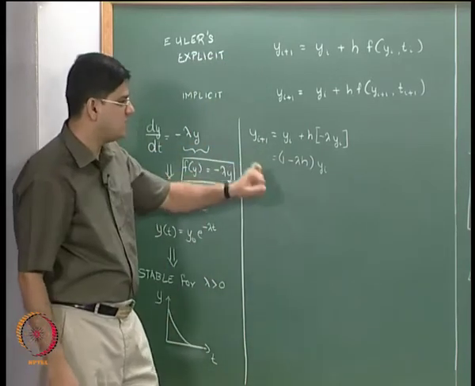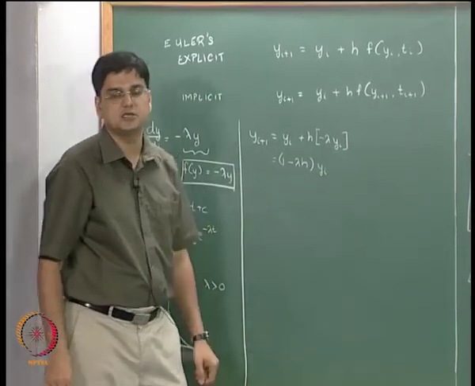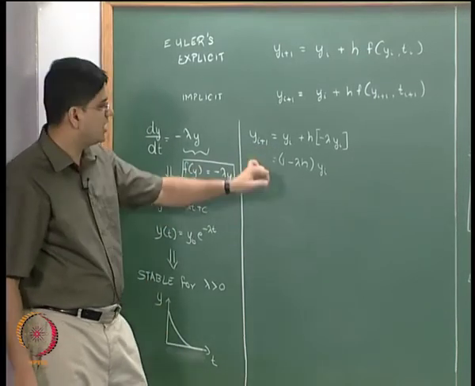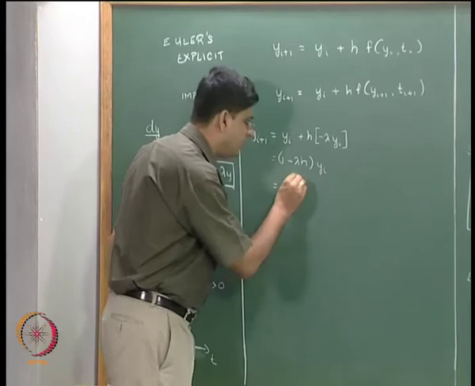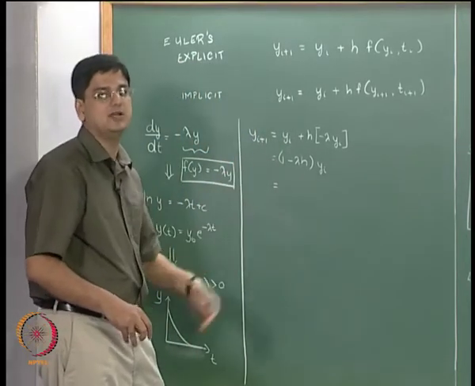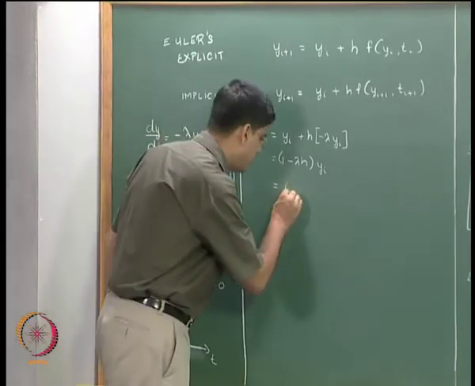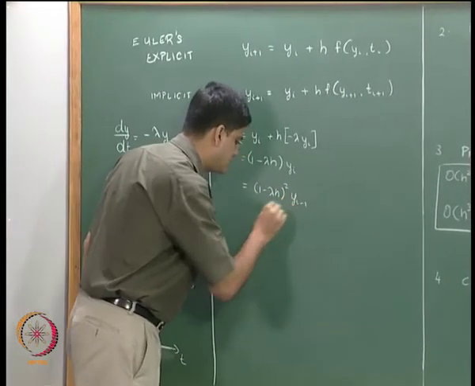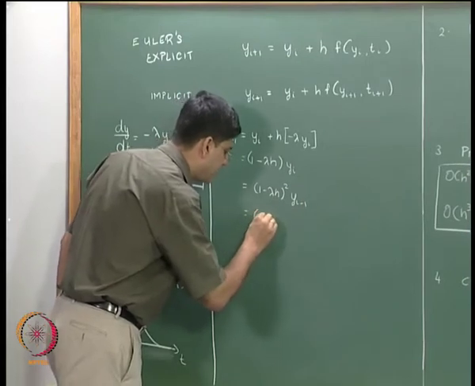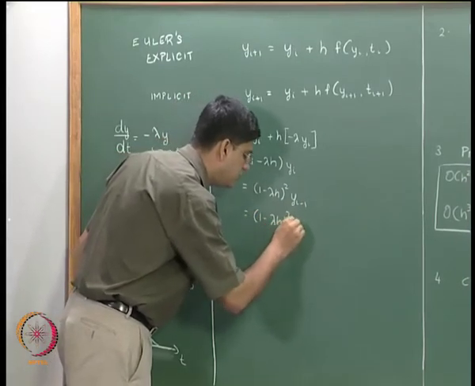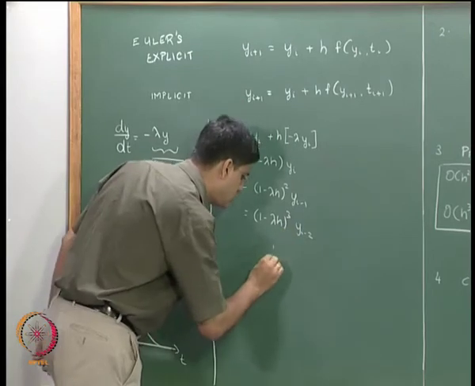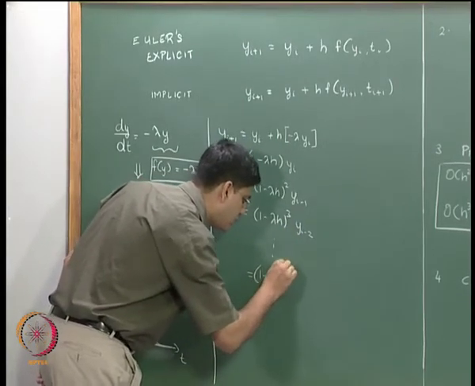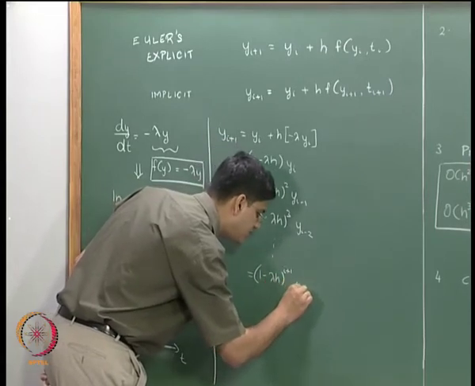So yi plus 1 is 1 minus lambda h multiplied by yi. Now this we can write as 1 minus lambda h multiplied by yi minus 1, so we will have 1 minus lambda h squared yi minus 1, which we can write as 1 minus lambda h cubed yi minus 2 and so on, equal to 1 minus lambda h to the power i plus 1 multiplied by y0.